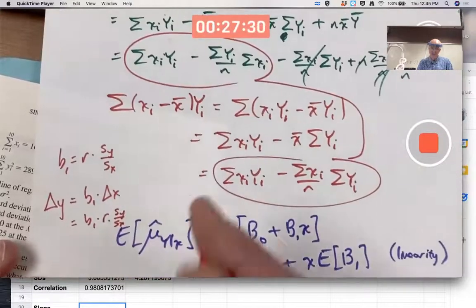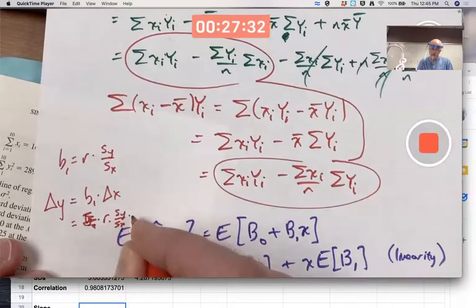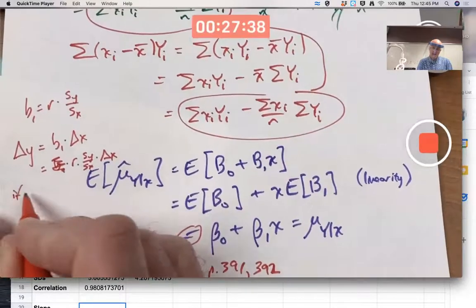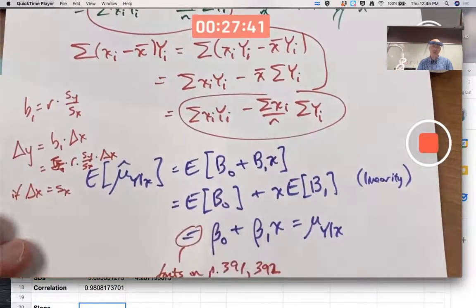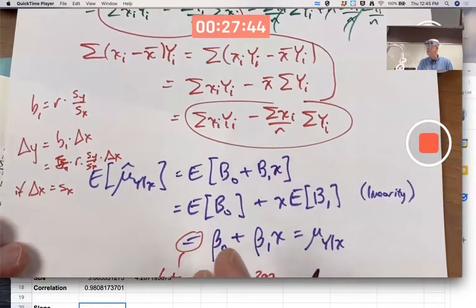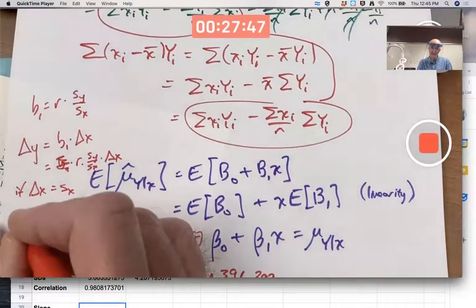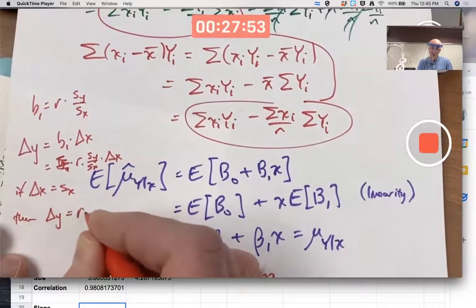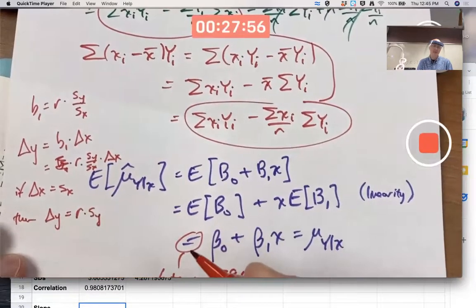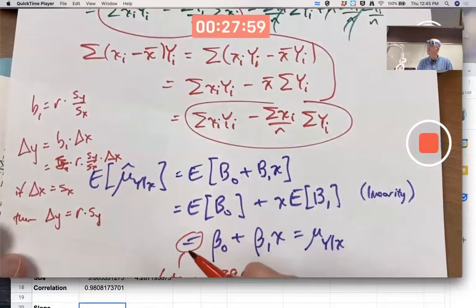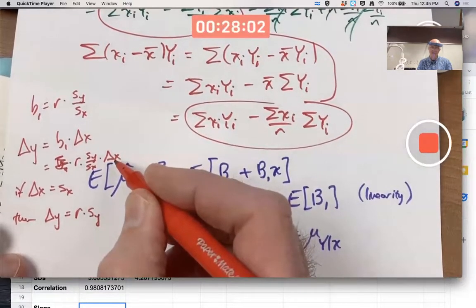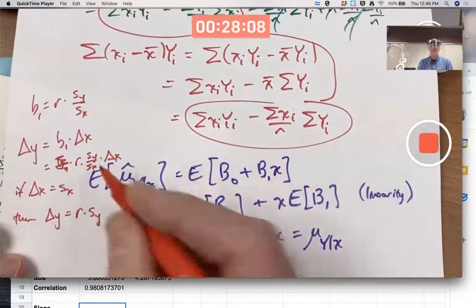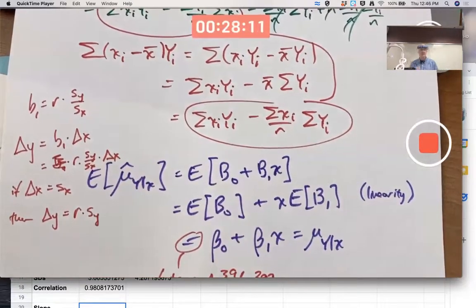And what that means, for example, is if delta x is Sx, in other words, if I let x increase by 1 standard deviation along the regression line, then y along the regression line increases by r times the standard deviation of the y's. That's kind of an interesting thing and maybe useful. Why? Because if you replace delta x here with Sx, the standard deviation of the x's, the Sx cancels and I'm left with r times Sy. That actually can be a useful thing to know sometimes.